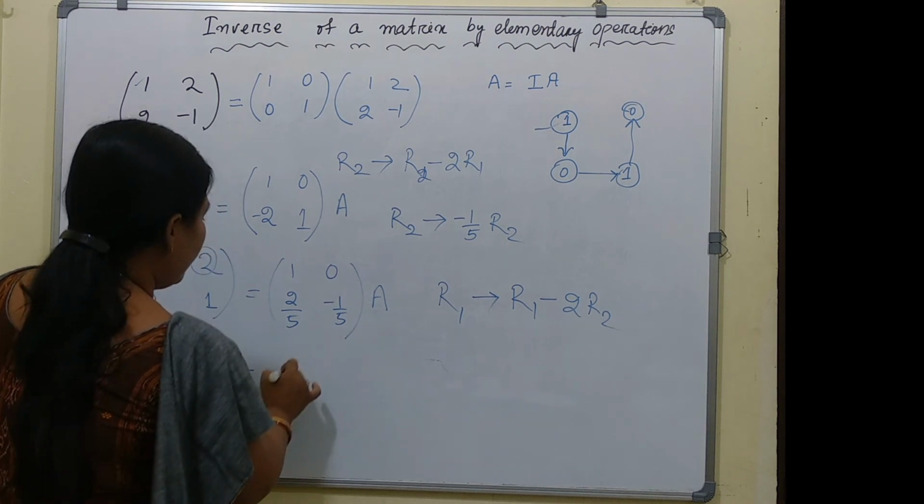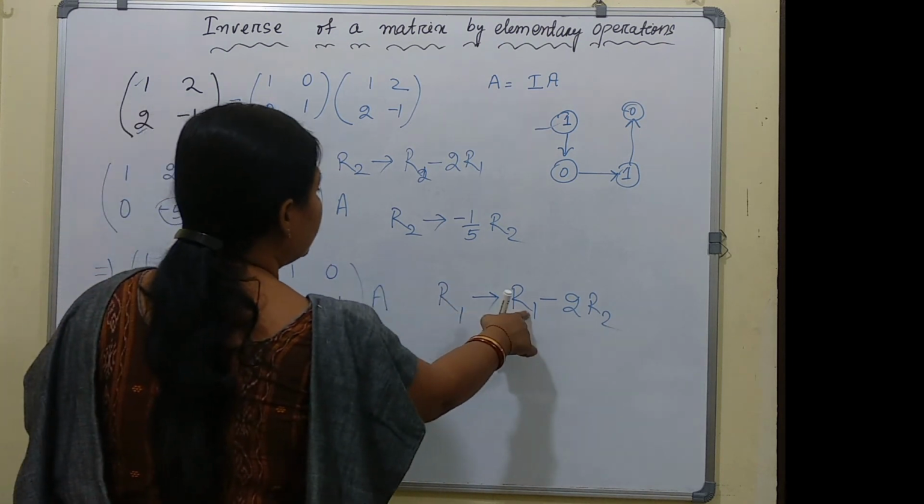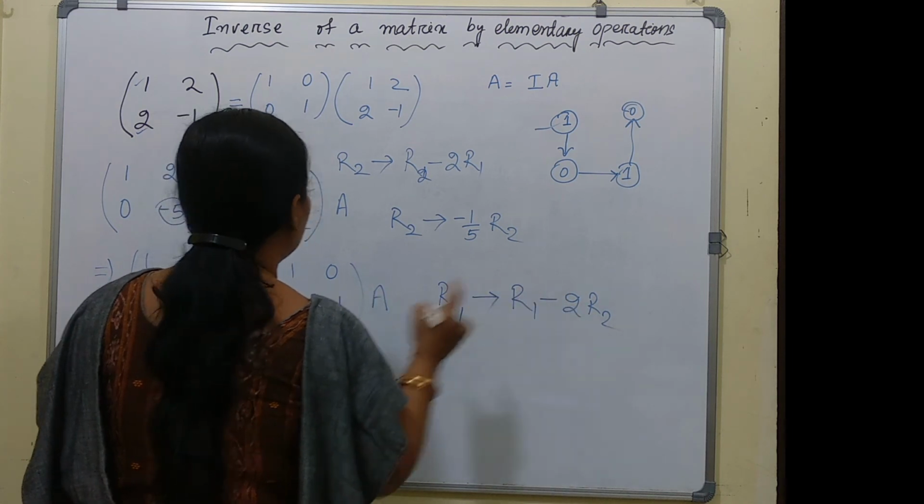Now the first row is changed: row 1 minus 2 row 2.